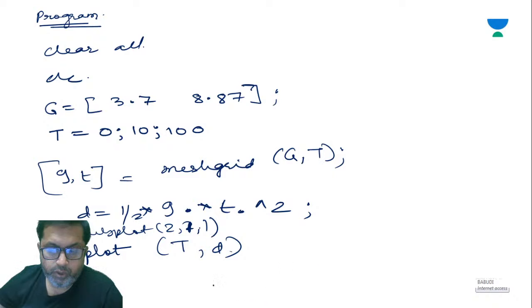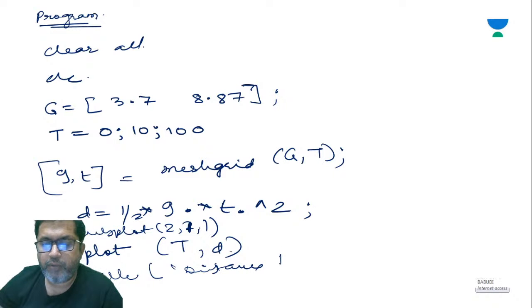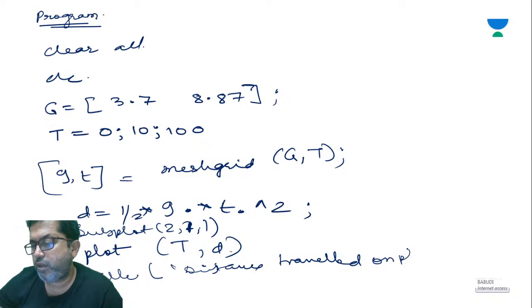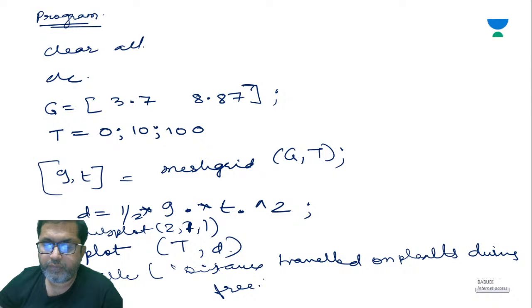Then we'll put the title: distance traveled on planets during free fall, bracket close.